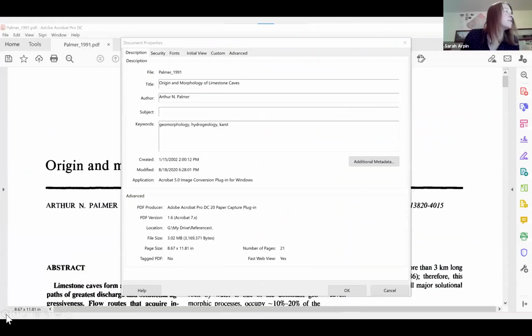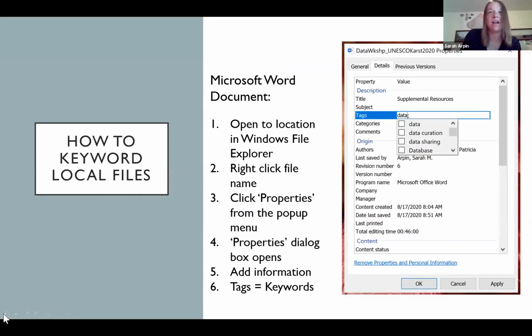That's ours. This is some extra how-tos that I had as well. While Kurt works on that, I mentioned that you can keyword files on your computer, and so I was just going to show you how to do that. For something like Microsoft Word, PowerPoint, Excel, whatever, all you do is right-click on that file and bring up the document properties.